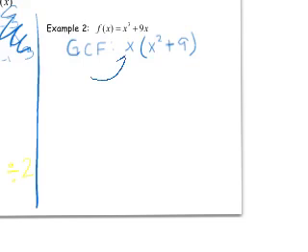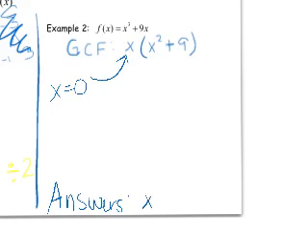So this gives us one of our answers: x equals 0. What that means is that if you were to graph this cubic function, you should find that it crosses the x-axis at 0, or at the origin.